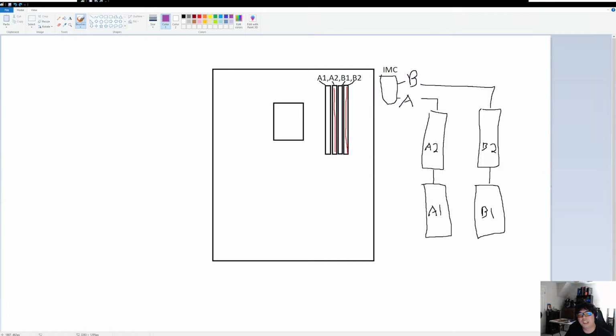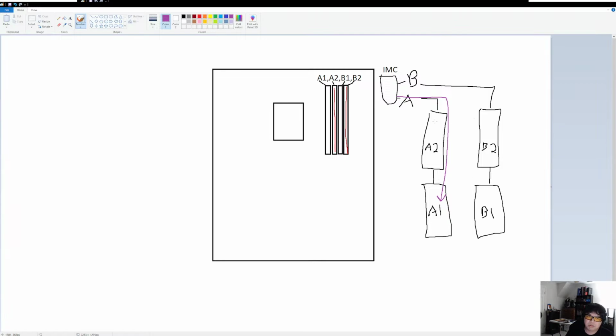So if you leave A2 empty and you plug RAM into A1 by mistake, either out of ignorance or just not following instructions, or you just don't know any better, what's going to happen on a daisy chain motherboard is the amount of signal that has to drive from the IMC all the way down here to get to the memory in A1, it's going to require way more.